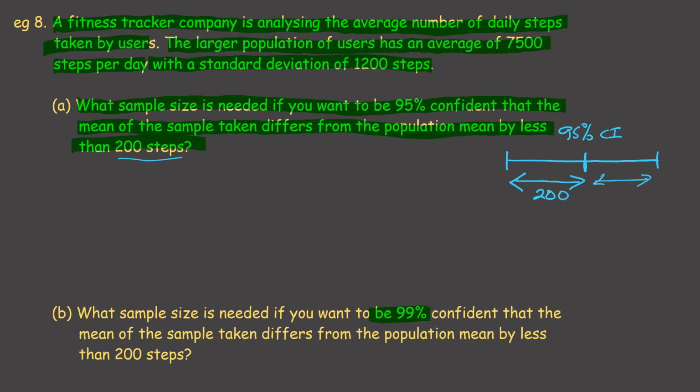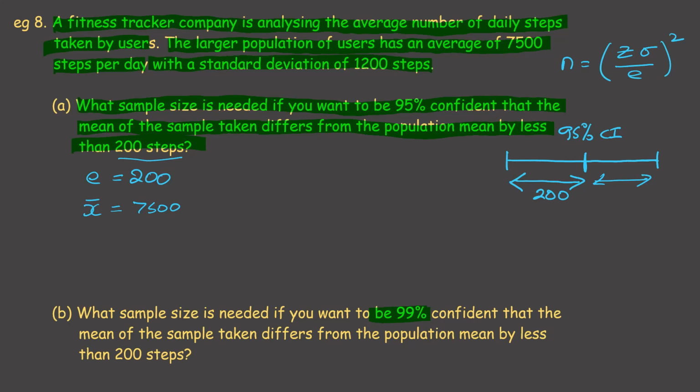So if I use the formula as given by the E activity, because most often you're going to be using the E activity, which is Z sigma over E squared, that is telling us that E is equal to 200. The X bar, or the population mean if you like, the mu, is 7,500.